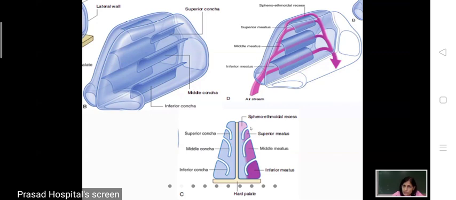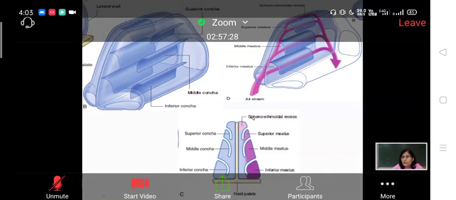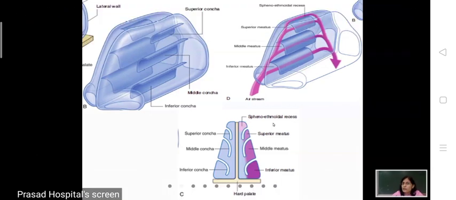So this is the superior meatus, shown here in purple color. Superior meatus, middle meatus, inferior meatus. And between the roof and the superior meatus, a depressed area is there. This is the sphenoethmoidal recess. Okay, so this is the concept about the conchae and meatus.